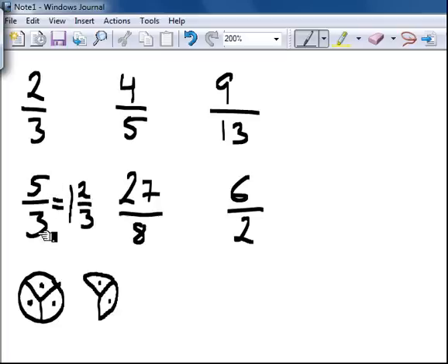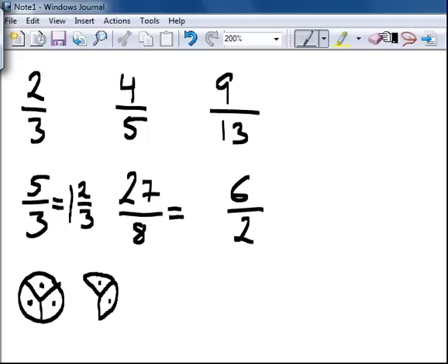So this 5/3 is called an improper fraction because the number up here, 5, is larger than 3. We can write this as a mixed number, and then we can write it as 1 whole and 2/3.